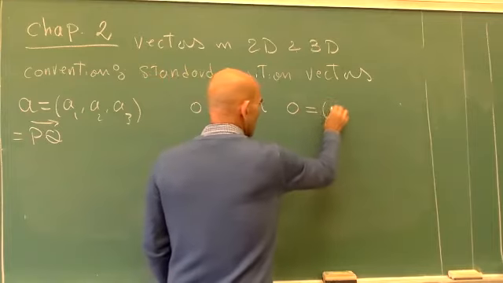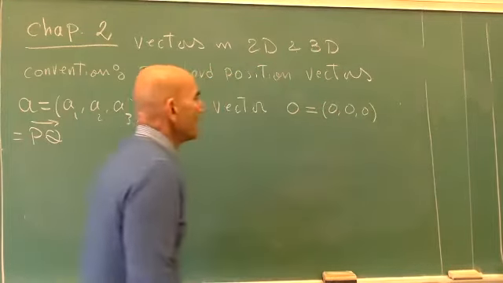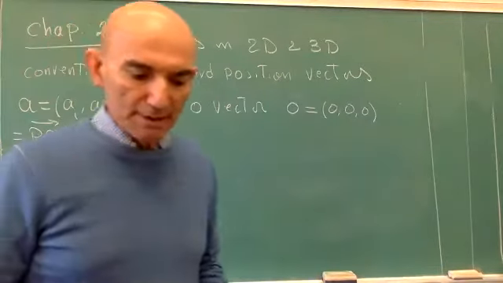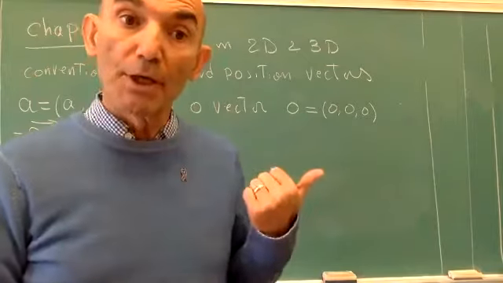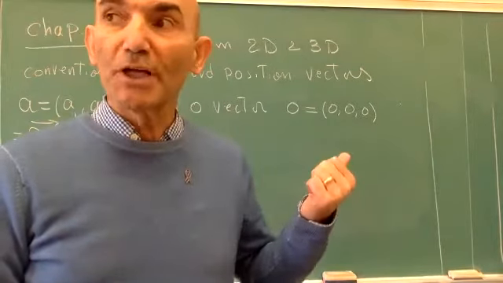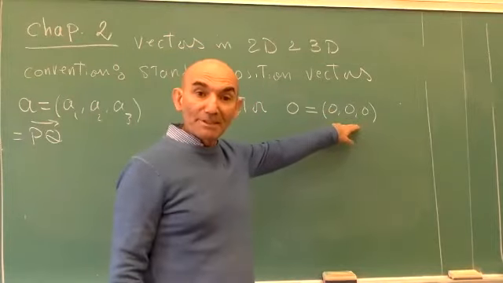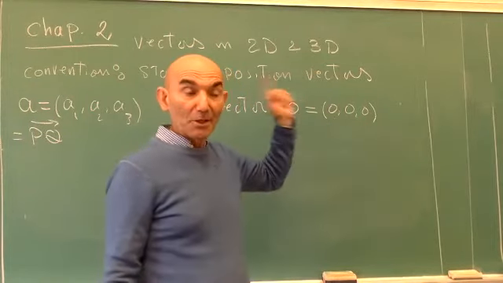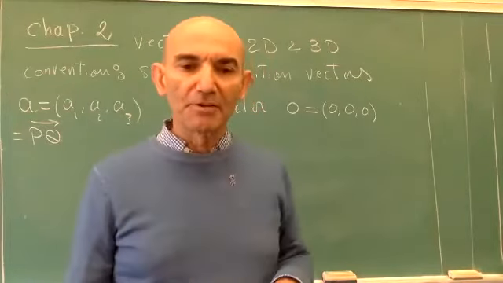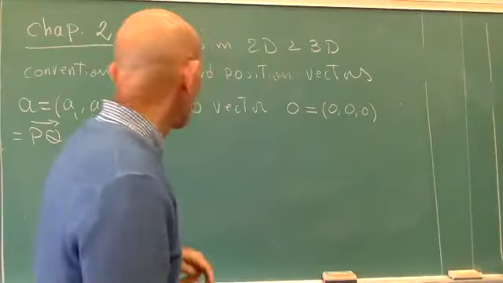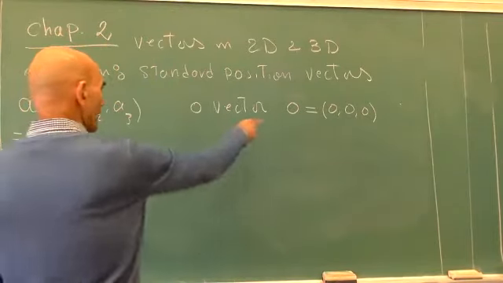And that has 3 coordinates, 0, 0, 0. One thing you should notice is that this zero vector is different from the zero number, right? They have more or less the same notation, but this one is 3 zeros, but the zero scalar is 1 zero, and they are different quantities. So we have to make a distinction between them. That's one thing you should pay attention to.